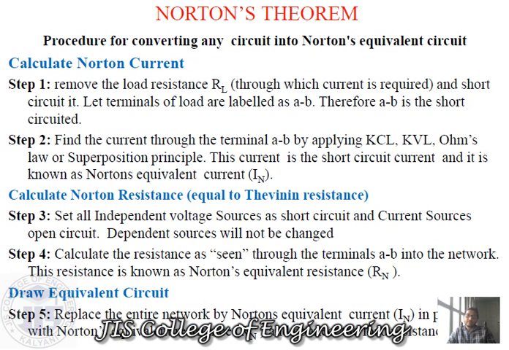Then after finding this short circuit current, just like Thevenin's theorem, we are going to find the Norton resistance also. The procedures are the same. The procedure of finding the Thevenin resistance and the Norton resistance are both the same. It means we have to replace all the sources by their internal equivalent resistance, and after that look from the load side to find the exact amount of resistance offered by the circuit.